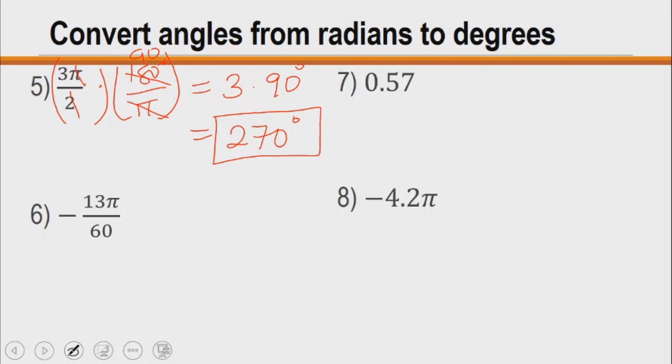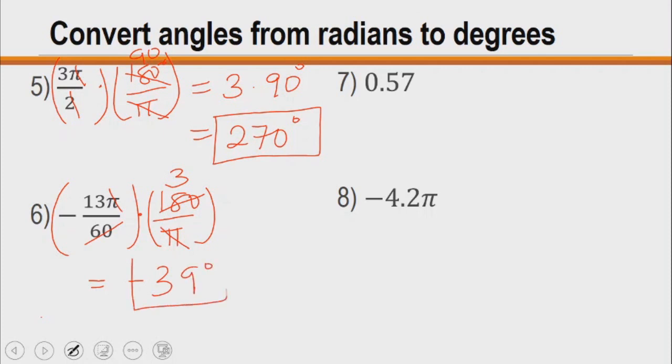What about number 6? Number 6, we have negative 13 pi divided by 60. Again, just multiply it by 180 divided by pi. 60 goes into 180, that will be 3. Pi goes into pi, so this will be negative 39 degrees.